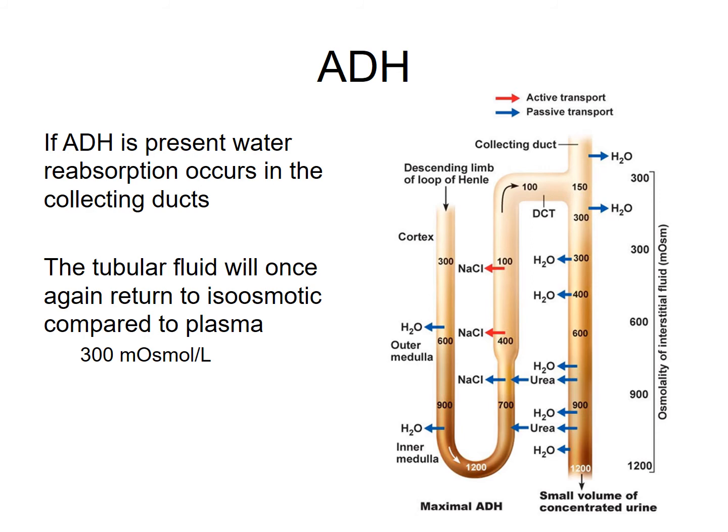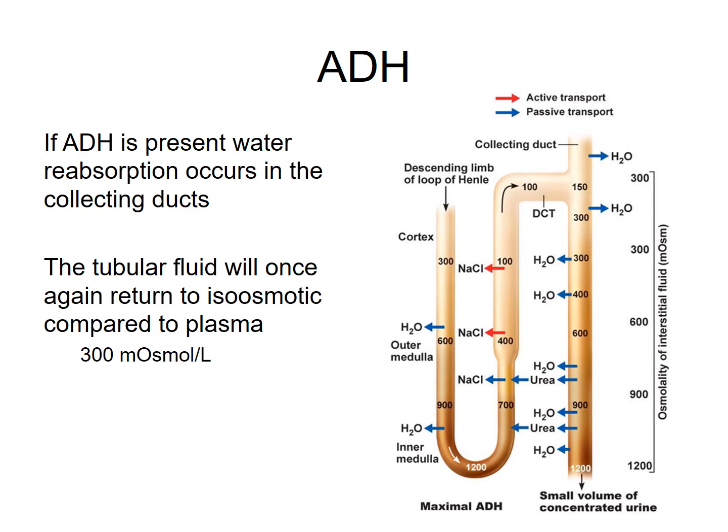So if ADH is present, it's going to open channels in the collecting duct called aquaporins. And these aquaporins are going to allow H2O to diffuse out into the interstitial fluid. Now, if you had not set that gradient up with the loop of Henle, then not a lot of H2O would diffuse out.